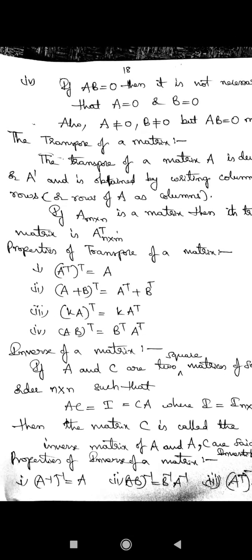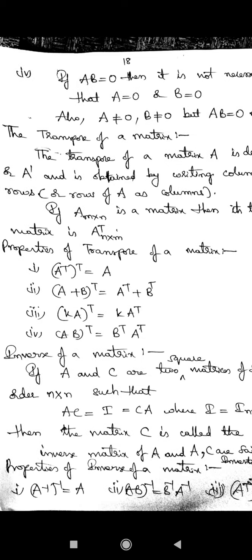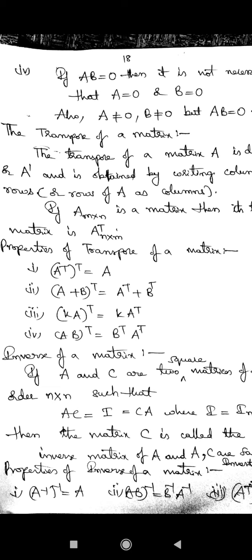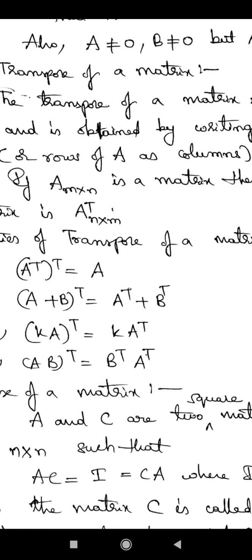So the properties of the transpose of a matrix are the next thing we have to go through. The first property says that A transpose whole transpose is equal to A. That means the transpose of the transpose of a matrix is again A. The second property says that (A plus B) whole transpose is equal to A transpose plus B transpose.